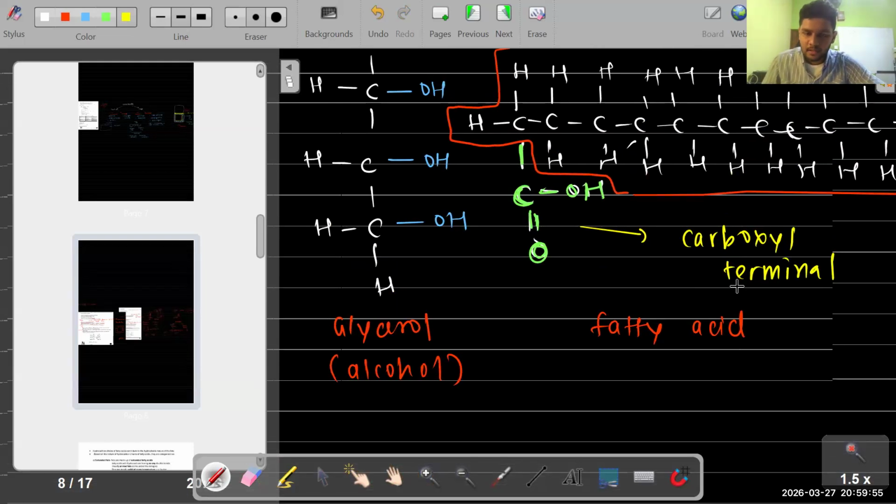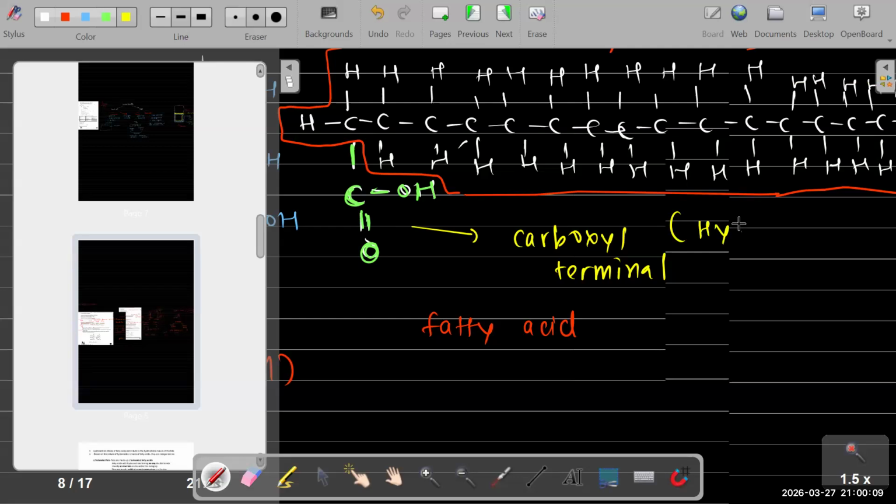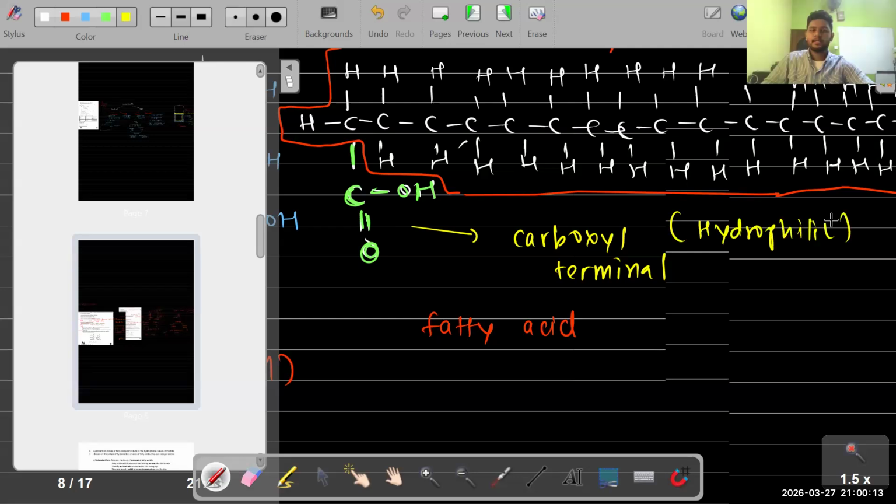This carboxyl terminal contains carbon, hydrogen and oxygen. Now you can guess, is it hydrophobic or hydrophilic? Hydrophilic, very good.